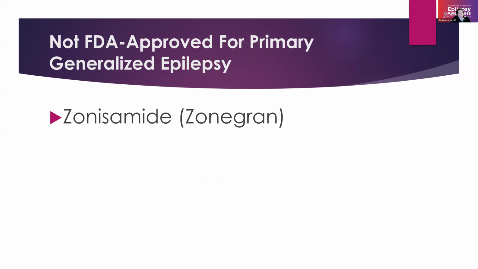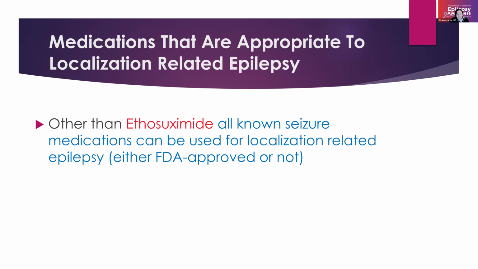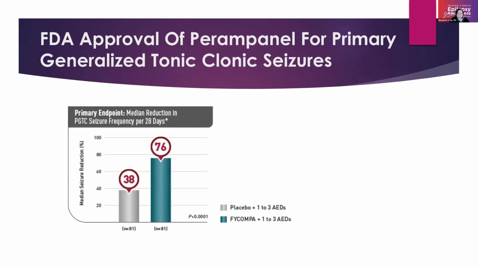So even though zonisamide is not FDA approved for primary generalized epilepsy, it's effective in treating generalized seizures. So medications that are appropriate for localization-related epilepsy are really any of the FDA-approved anti-seizure medications except for ethosuximide. So the FDA approved perampanel for primary generalized tonic-clonic seizures.